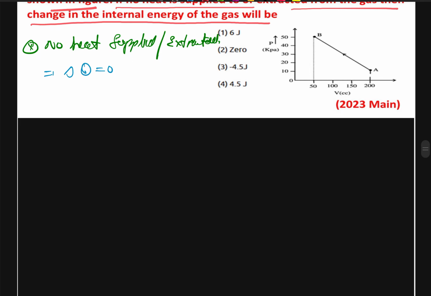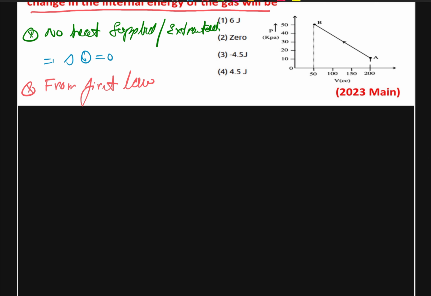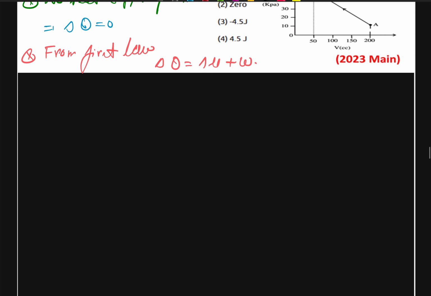From the first law, we can write that delta Q is equal to delta U plus W. Delta Q is 0. Therefore, delta U is equal to minus W, where W is the work done, and that is nothing but the area under the curve.